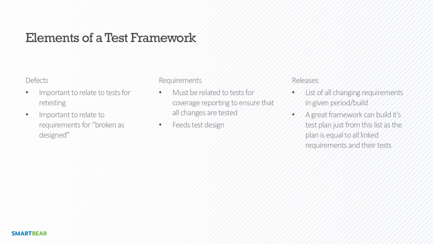It's a list of everything that changed, and that list is now your test plan. I see a lot of people still, especially in the manual world, building out complex testing plans. Realistically, a good framework hands you the plan just by knowing the relationship to what's changed.